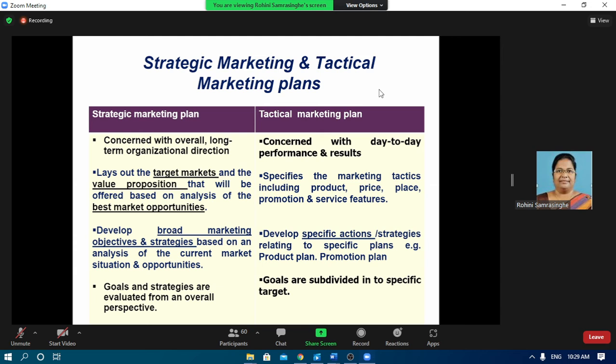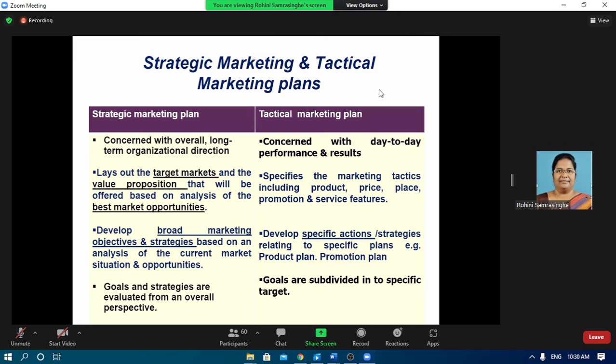A tactical marketing plan normally concerns the day-to-day performance and what they are doing now. So then they try to develop specific strategies or tactics, especially connecting with the market or maybe the product, price, place, promotion, service features, or maybe the 7 P's or 4 P's, like that, right?